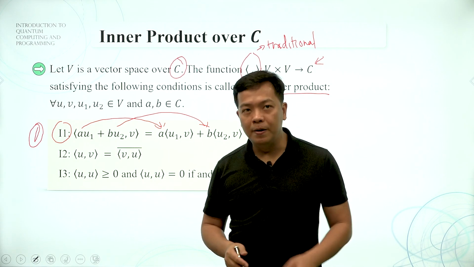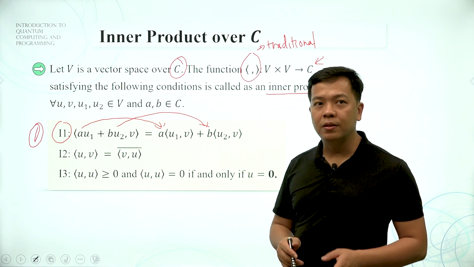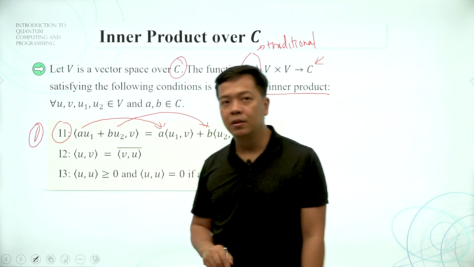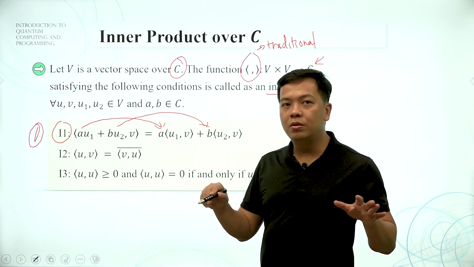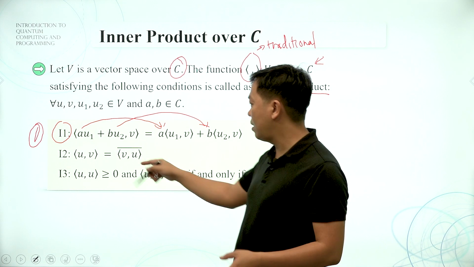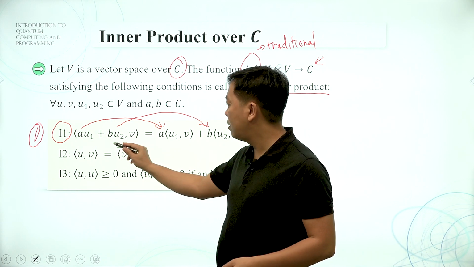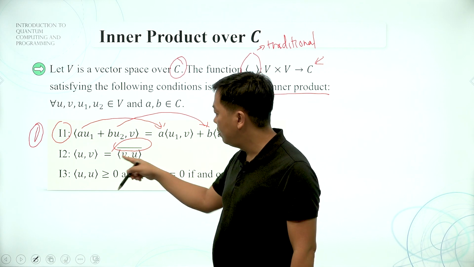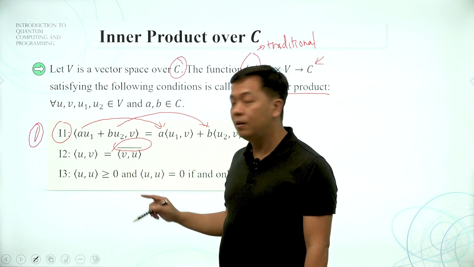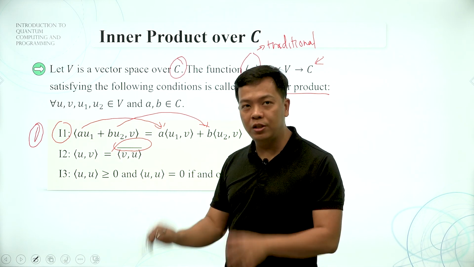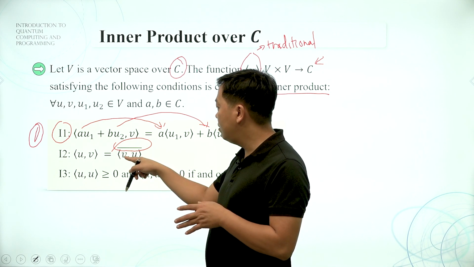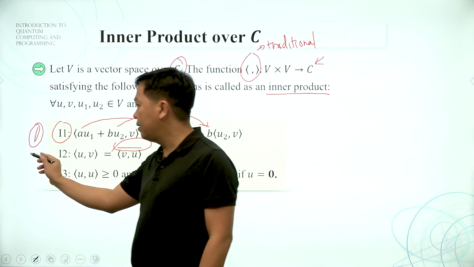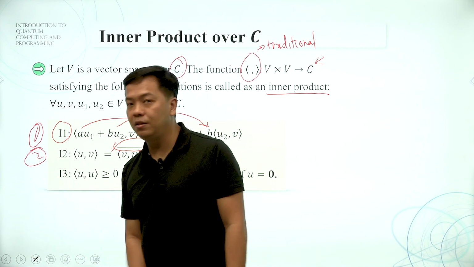The second condition: the traditional inner product of U and V is equal to the conjugate of the inner product with the order switched, that is, the conjugate of the inner product of V and U.